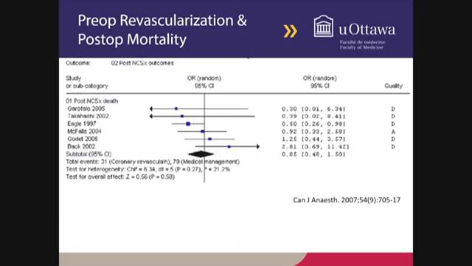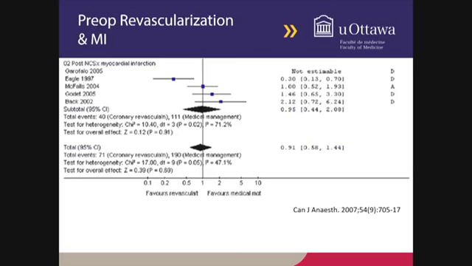Does it actually change outcome? No, it doesn't. It doesn't change post-op mortality. Does it change post-op MI? Well, it doesn't. So that really puts a big damper on the idea that we can optimize the patient when we actually are not changing outcome, and we don't seem to be able to change the outcome.